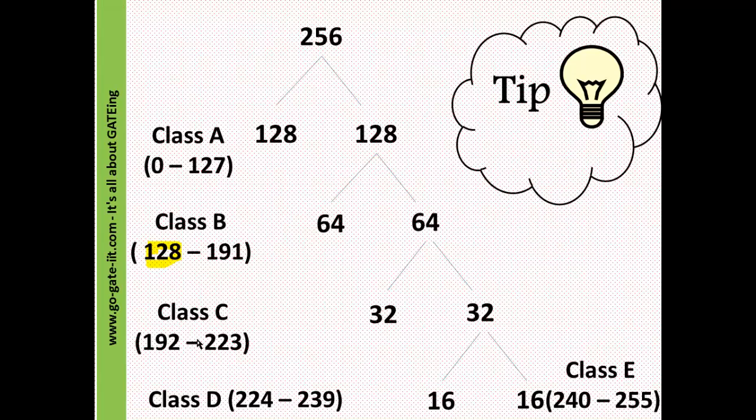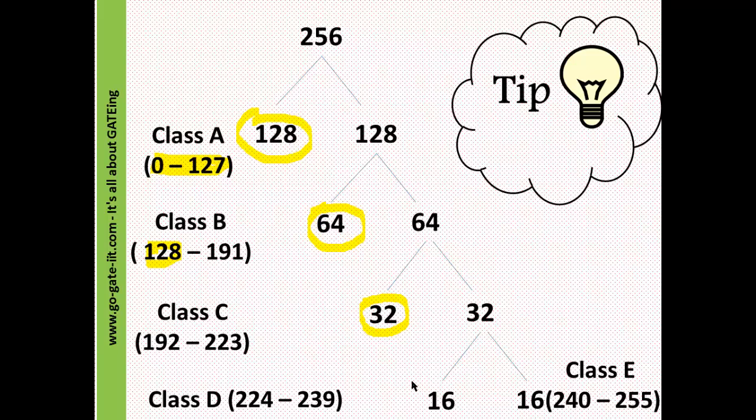For class C, it is 191 plus 32. You can notice that 0 plus 128 gives you 127, so this range has been derived from 0 plus 128. Again 127 plus 64 gives you the next range, that is 128 to 191. 191 plus 32 gives you the next range, 192 to 223.